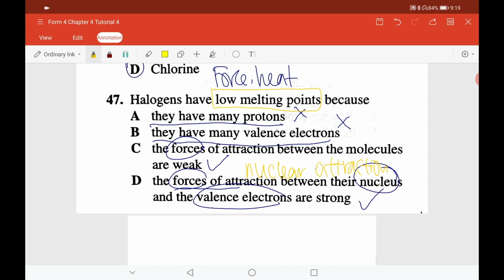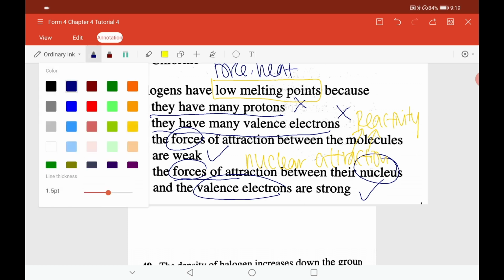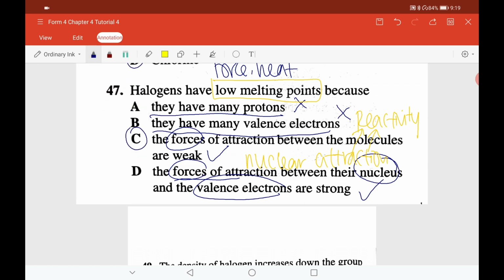Remember this. Nuclear attraction is always used to talk about reactivity. So it's not melting point, boiling point. Yeah, so the best answer should be C.